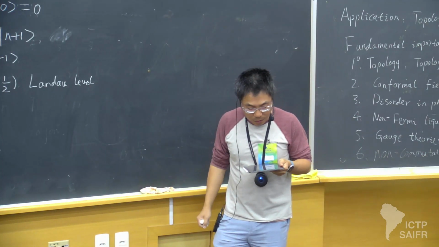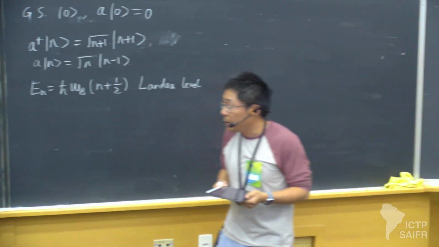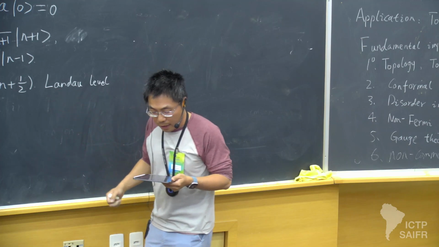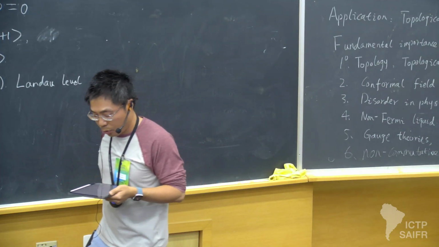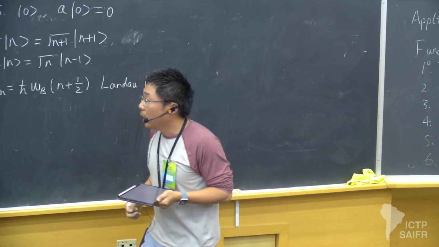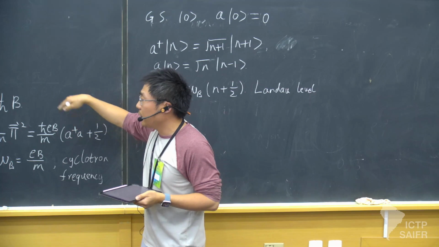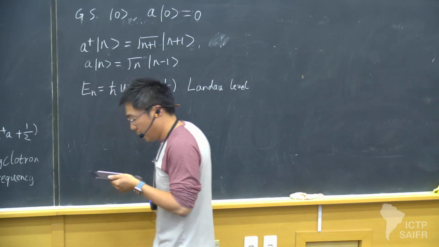The solution to this contradiction is that for each Landau level, there is a huge degeneracy. That's the other degree of freedom. It may not be immediately clear how to understand that degeneracy using this second quantized language.